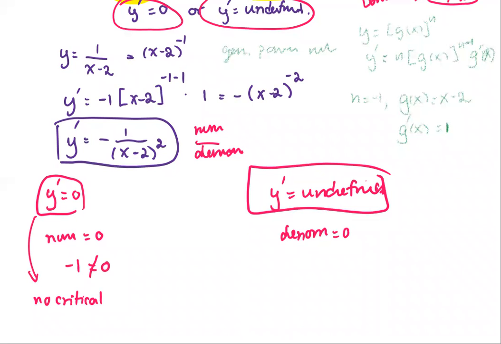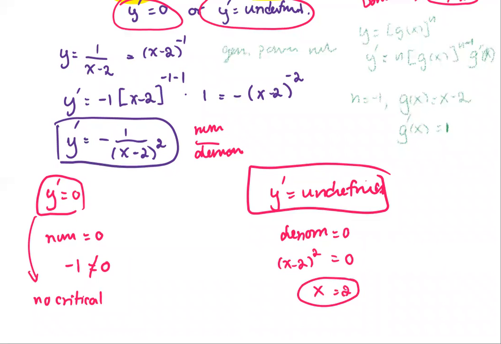For the other case, we consider the denominator equals 0, which is the quantity x minus 2 squared equals 0. Solving for x, we get x equals 2. It looks like we have a winner, x equals 2.